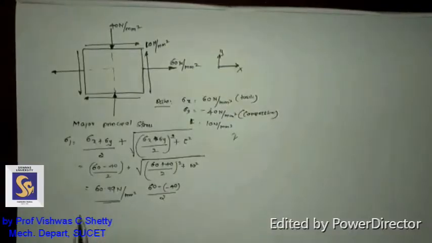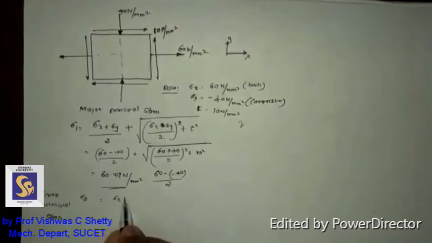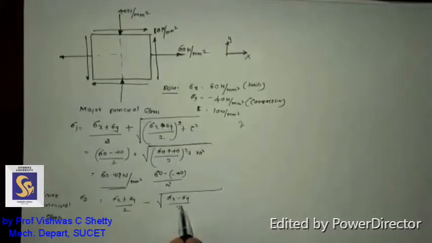Similarly, you find sigma 2, the minor principal stress. Sigma 2 is sigma x plus sigma y by 2 minus root of sigma x minus sigma y by 2 whole square plus tau square.